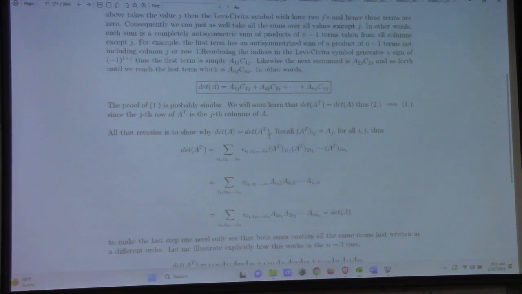I guess I have to define something here. So like Cij, I believe, is -1 to the i plus j, and then we're looking at the determinant of A with row i and column j deleted.